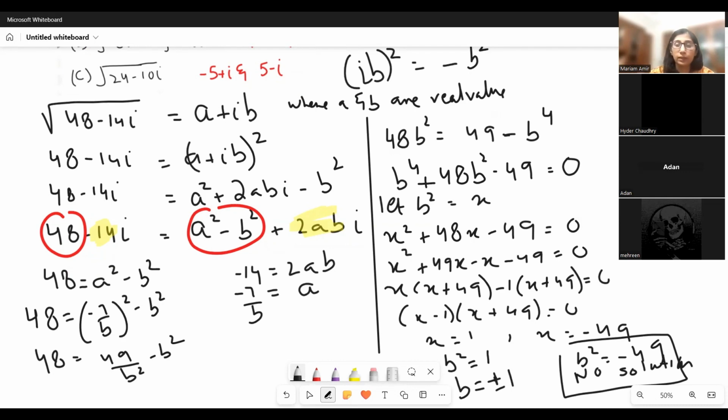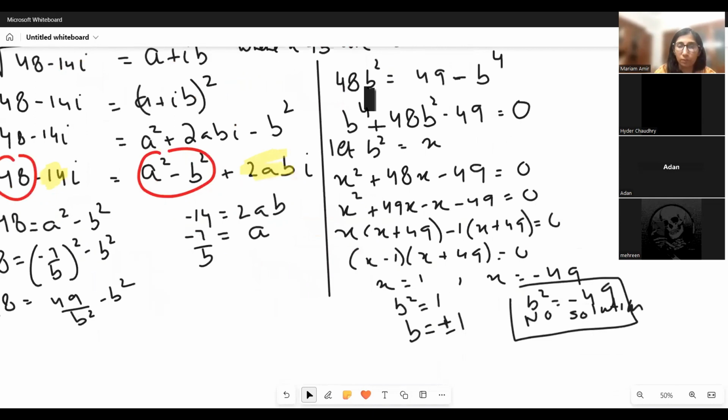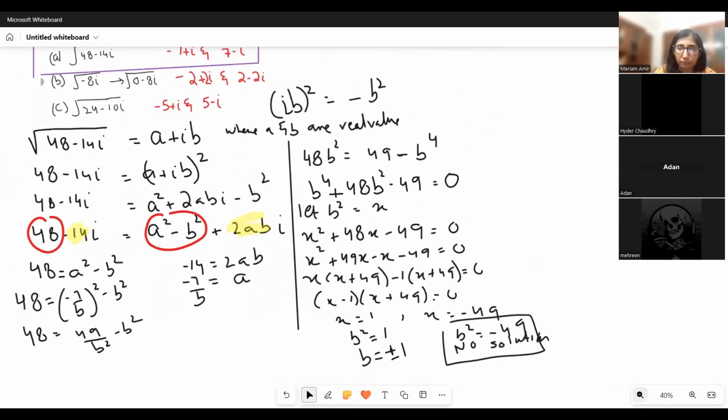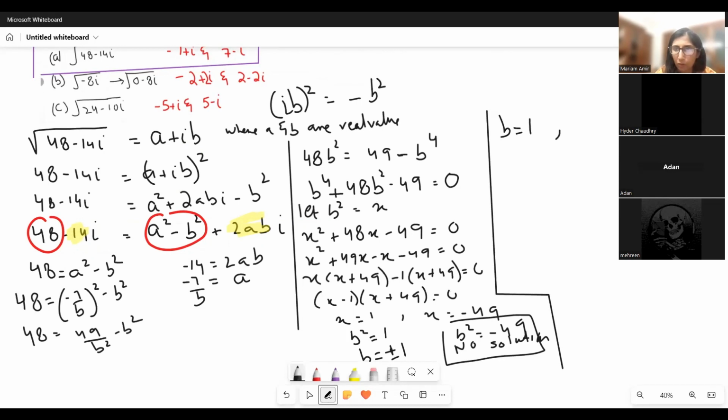Okay. Now when b is 1 or minus 1, what would a be? So b is 1 or b is minus 1. Okay, so a is equal to minus 7 upon b. So for the first case, a is equal to minus 7 and here a is equal to 7.